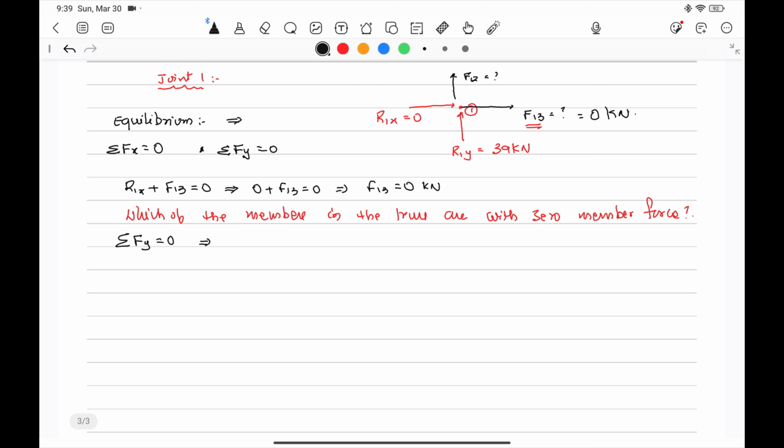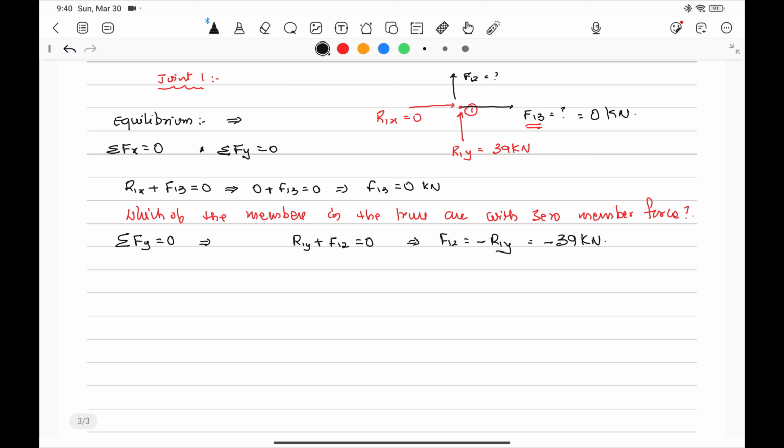They are addition. That means R1y plus F12 is equal to 0. That means F12 is equal to minus R1y. What is R1y? That is 39. So F12 is minus 39.